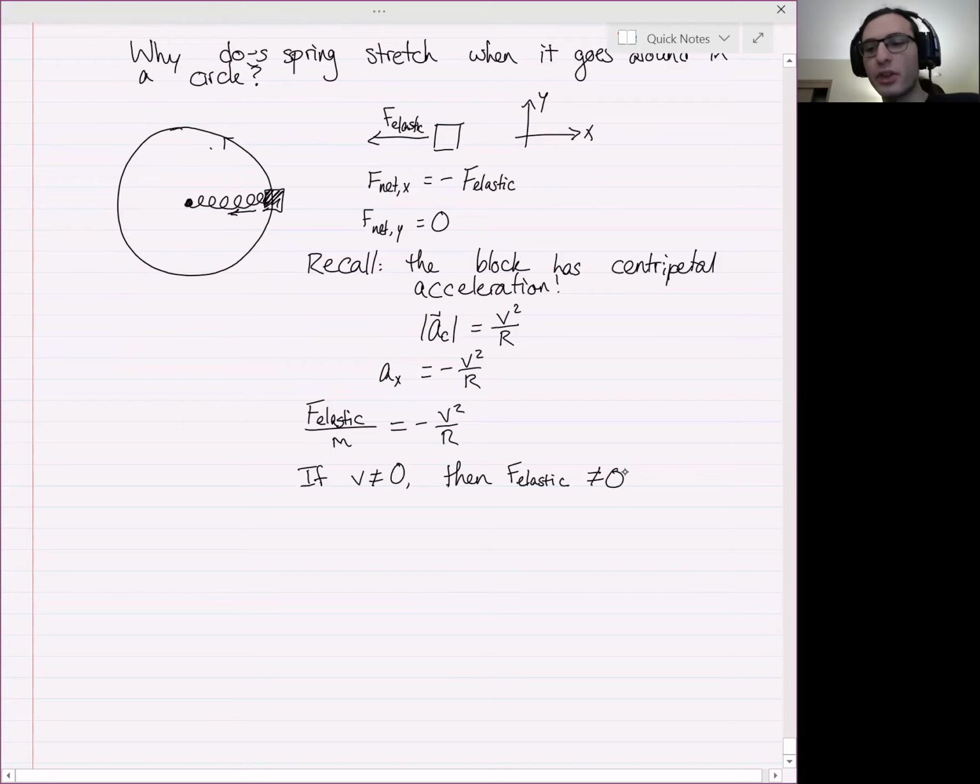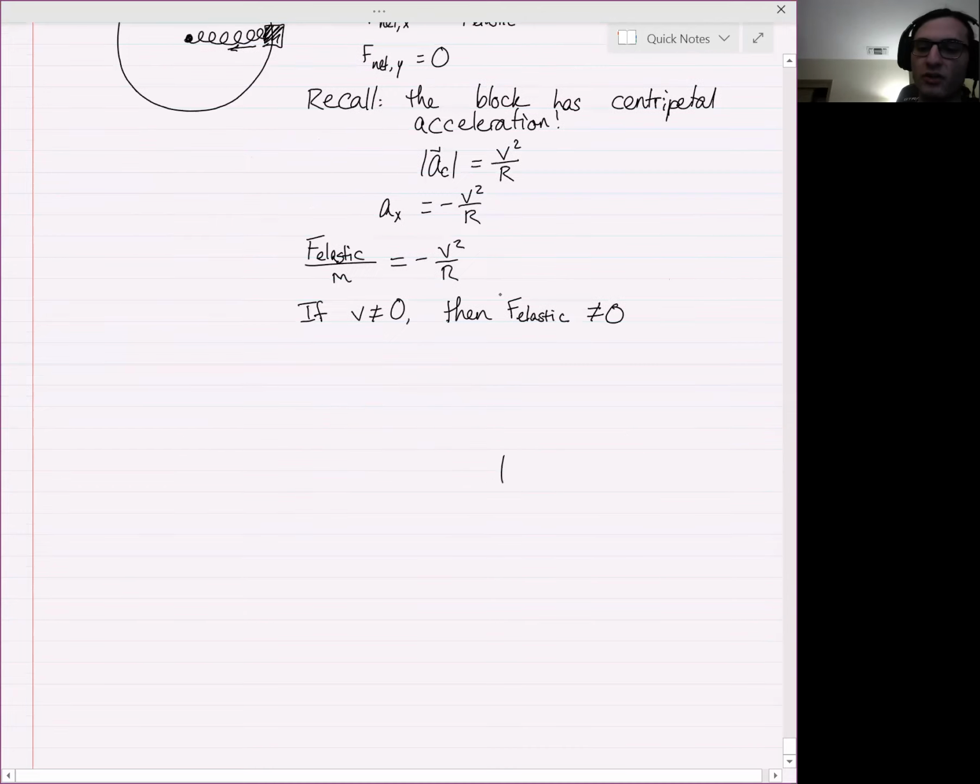Well, what does that mean for the spring? Well, remember that the magnitude of the elastic force is equal to k times the magnitude of the displacement vector.